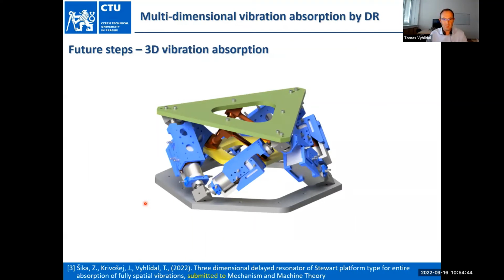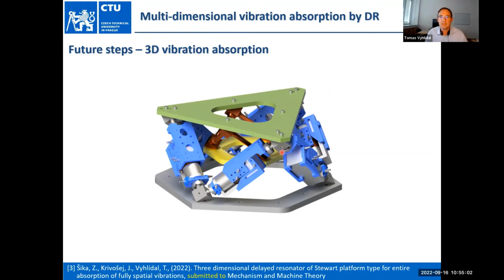Another problem which we have recently targeted as well is to extend the delayed resonator from 2-dimensional to 3-dimensional vibration suppression.